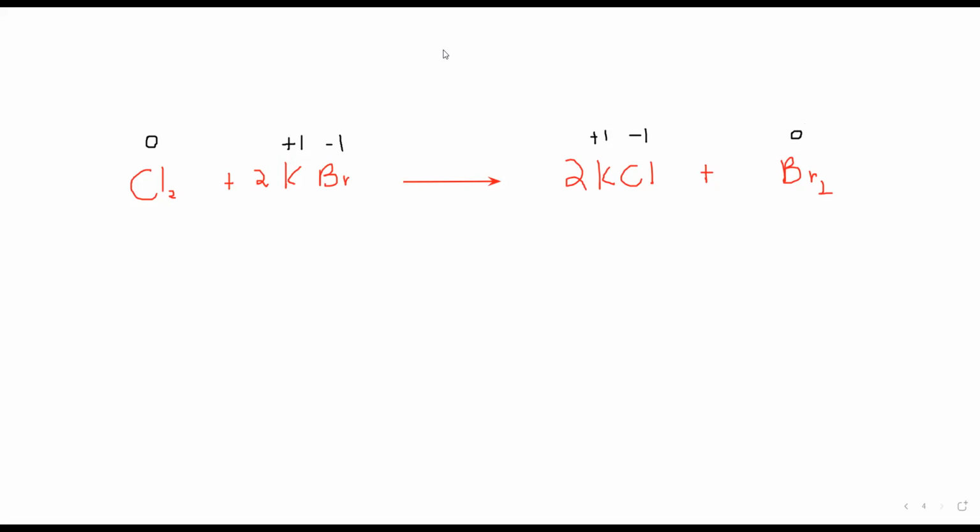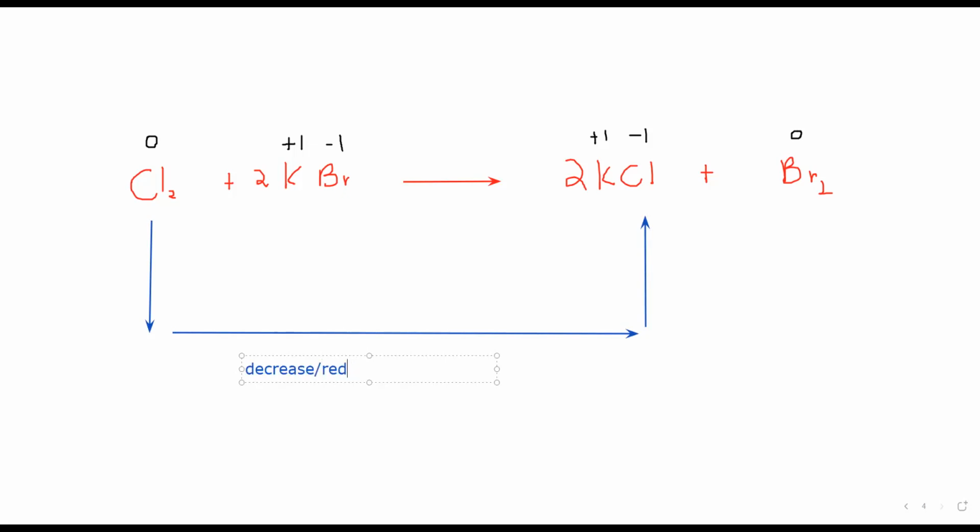Now, to work out oxidation and reduction, so when you check for potassium, there is no change, but for chlorine, it was 0, become minus 1. So what happened to oxidation number? Increase or decrease? 0 become minus 1. Reduction, decrease. So we call that as reduction.